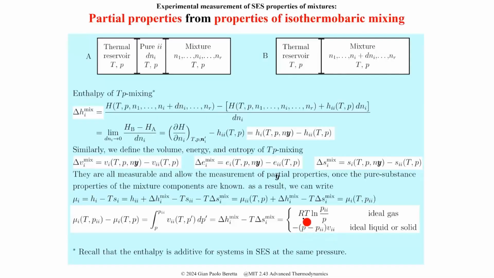Okay. So this formula will be useful in a moment.